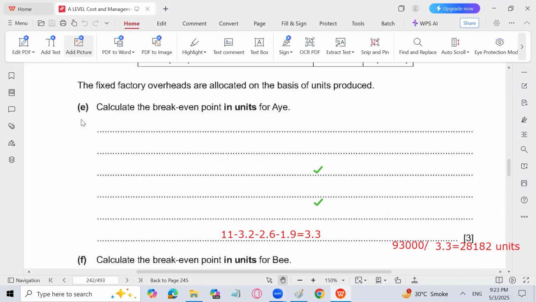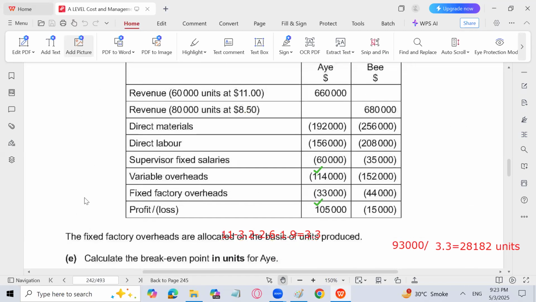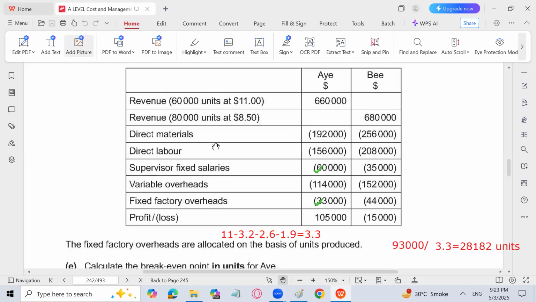Calculate the break-even point in units for B. Let's calculate the break-even point for B. The fixed cost for B is going to be the supervisory fixed salaries and the fixed factory overhead added up, which gives 79,000. Divided by contribution per unit.